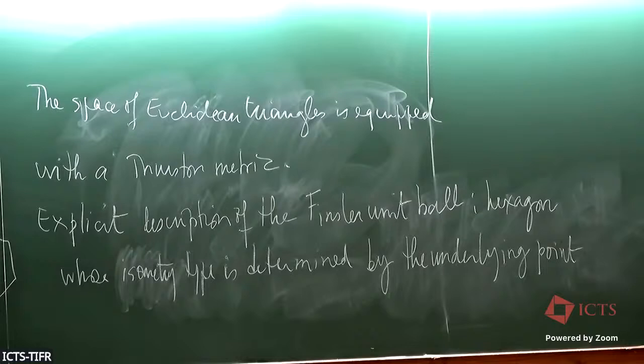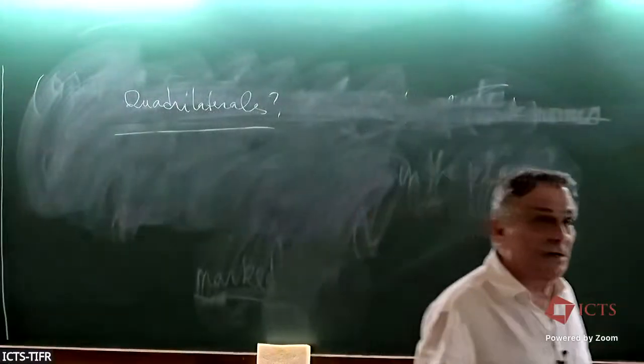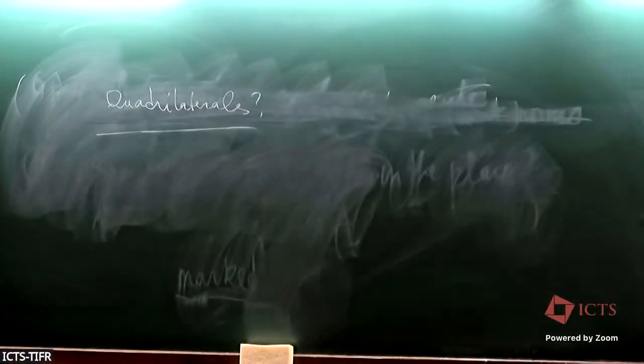Let me say that we tried a little bit the same thing for the space of quadrilaterals instead of the space of triangles, and we did not succeed, in fact, to prove anything interesting. So this is, I think, a good problem for someone who wants to work on this.